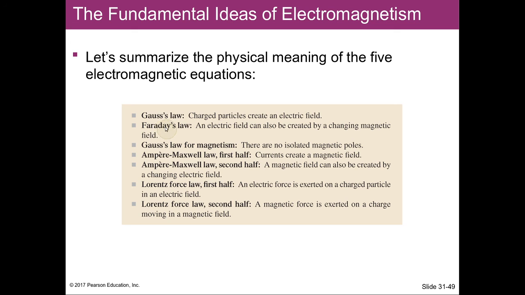Faraday's law adds to that electric fields can also be generated or created or induced by changing magnetic fields. Gauss's law for magnetism says, well, there are no isolated magnetic poles. Ampere-Maxwell's law then says currents create magnetic fields, and the second half adds that also changing electric fields create magnetic fields as well.